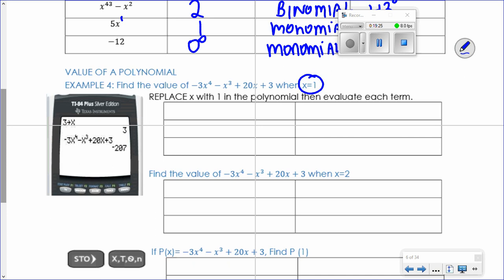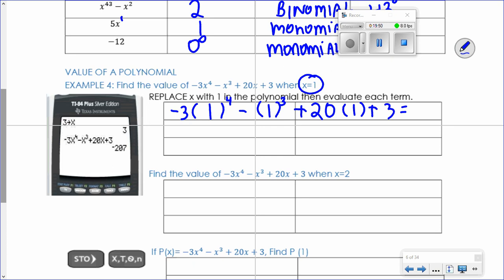If they asked me to write this out for a question, this is how you would do it. Negative 3, parentheses. What am I going to put inside the parentheses? 1 to the 4th minus 1 cubed plus 20 times 1 plus 3. If I was going to write it out, it would look like that.